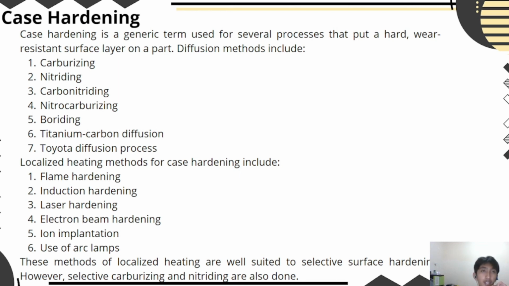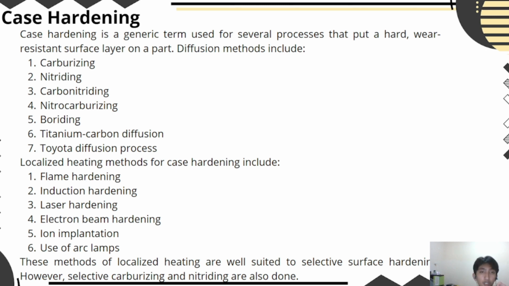Case hardening. Case hardening is a generic term used for several processes that put a hard, wear-resistant surface layer on a part. The diffusion methods include the first is carburizing, two is nitriding, carbonitriding, nitrocarburizing, and boriding, titanium carbon diffusion, and next is the Toyota diffusion process.